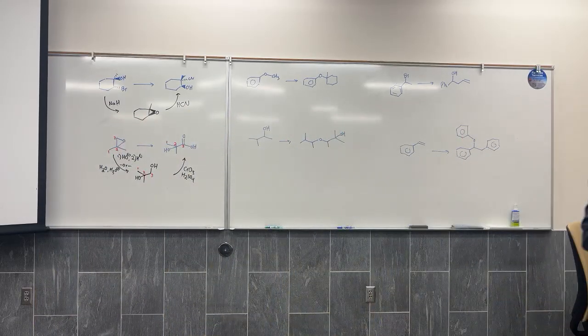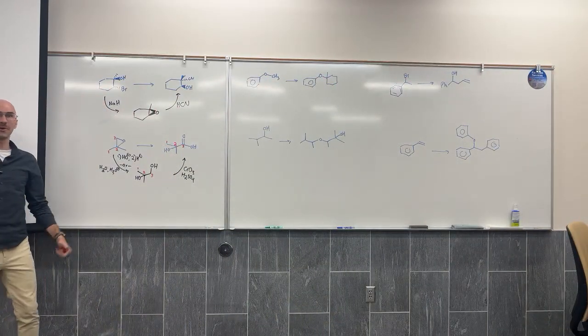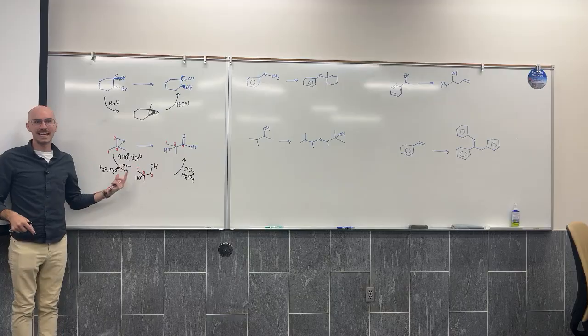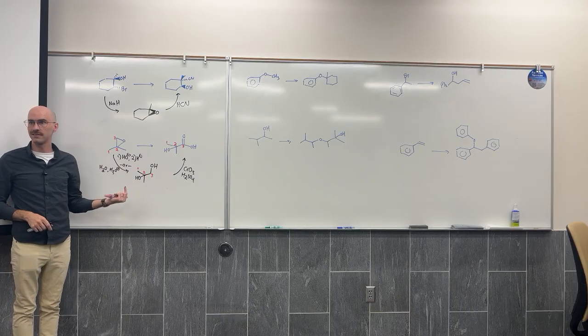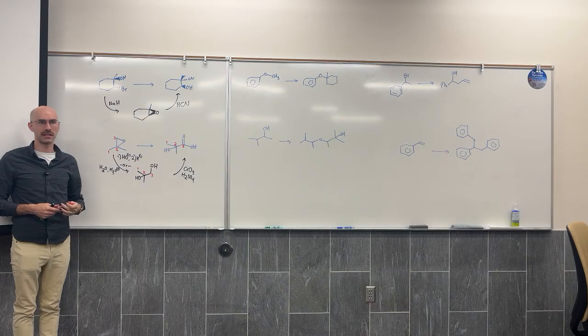Either way, I'm going to get the exact same thing. I'm going to get a vicinal diol, because it doesn't matter which alcohol came from the nucleophilic attack. It just matters that I get two alcohols, a vicinal diol.